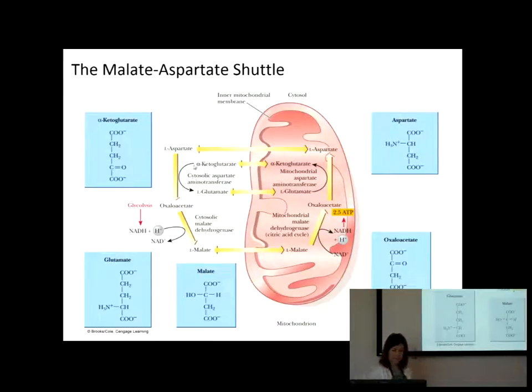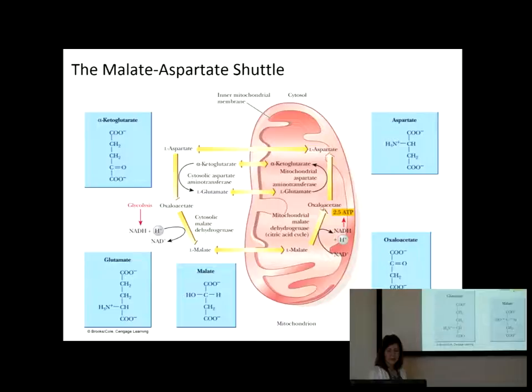This is the reaction from the citric acid cycle running in reverse, but it's happening in the cytosol, so we have a different, cytosolic enzyme. We let the malate cross the membrane. The malate then runs it in the forward direction to have the oxidation, and so we're reducing the NAD.